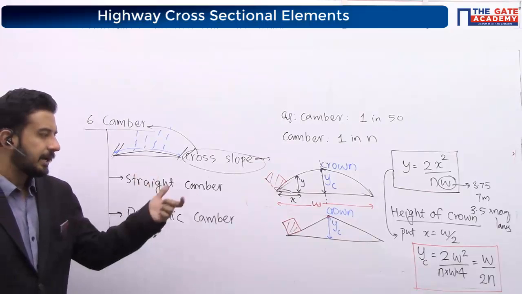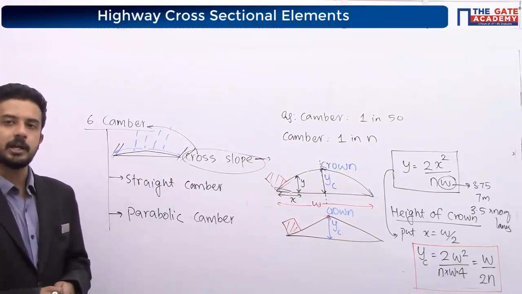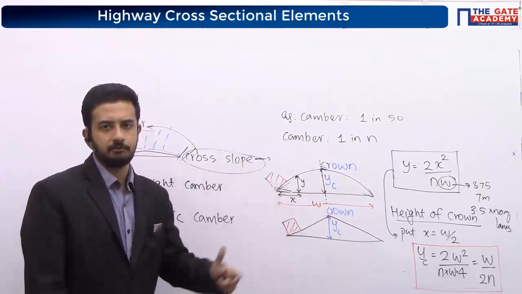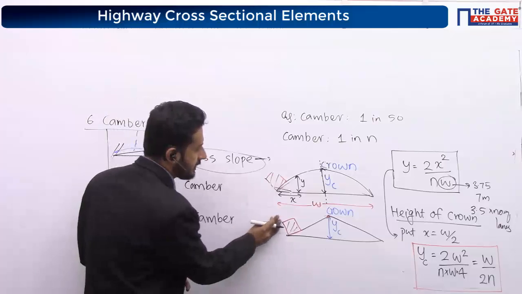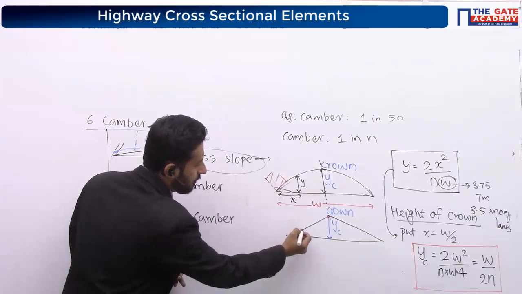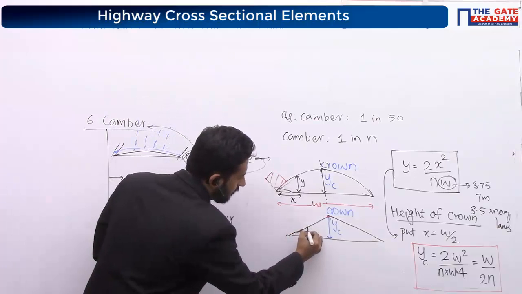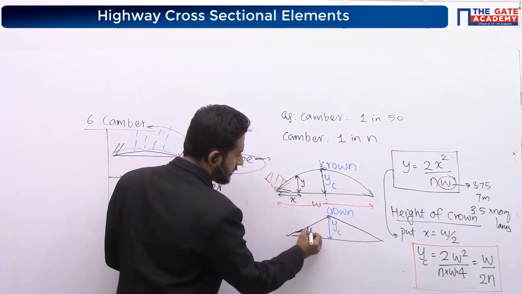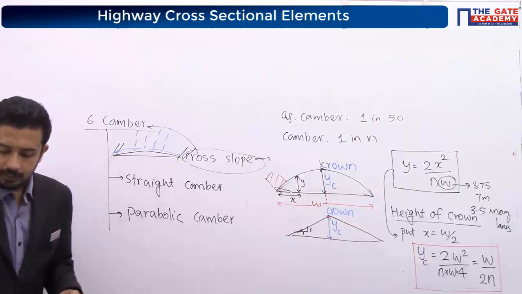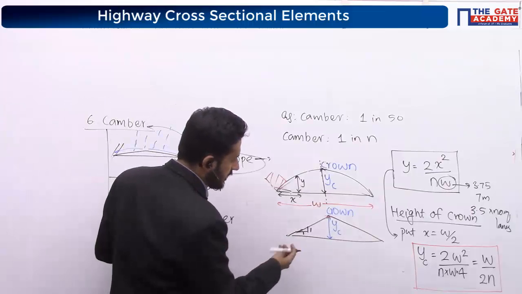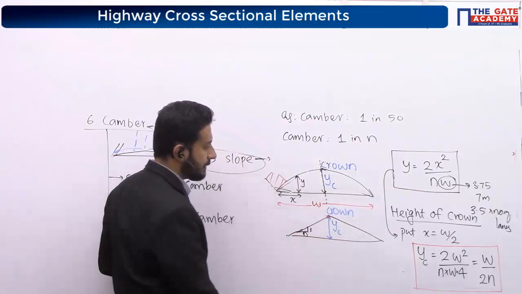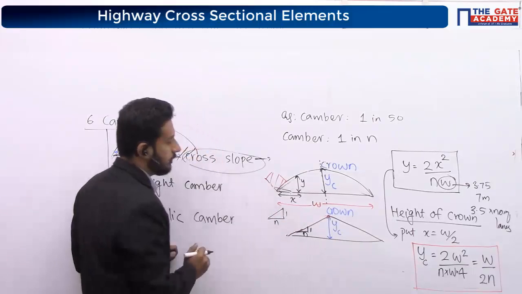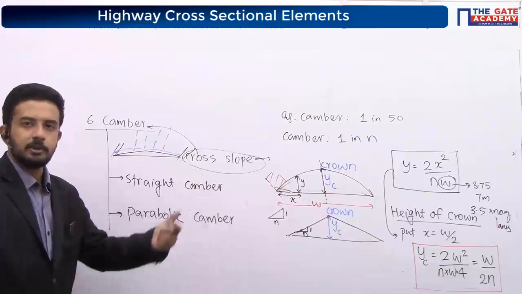For a parabolic camber, we got W by 2n. For a straight camber also, we are going to get the same value. Suppose the camber value is 1 in n, which means whenever you go n units horizontal, the height will be 1.